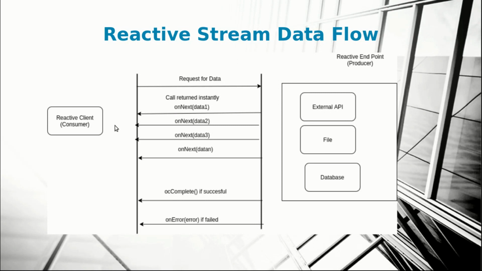So this is how the data flow happens in a reactive environment. When you're requesting data, if you want only four elements, you can say I need only four: you just call request with the parameter four. Then the producer will send only four data elements, and after that it will invoke onComplete. That's how data streams work in a reactive environment.